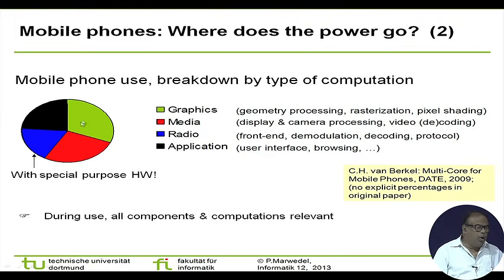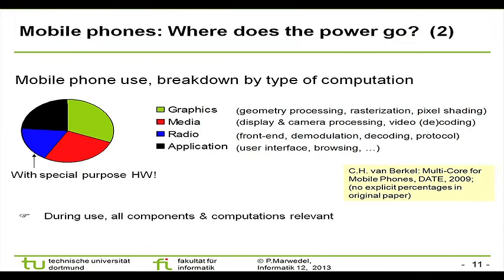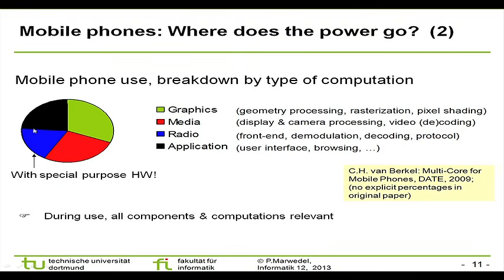Now, if I just make it a single chip doing everything, a single processor core, then it will be difficult for me to manage the power of the individual segments.